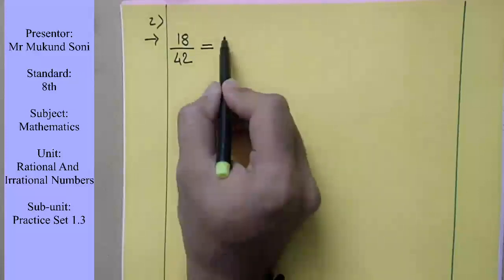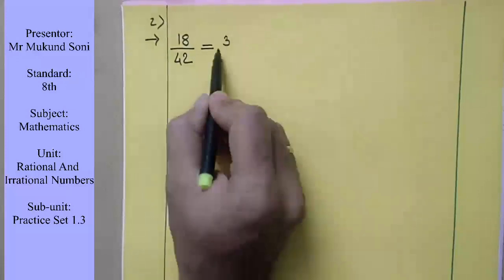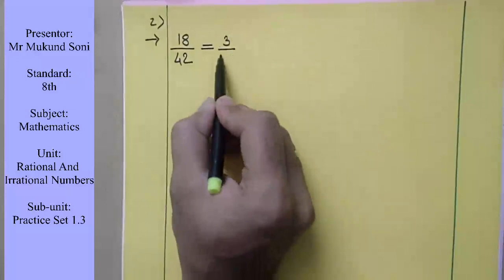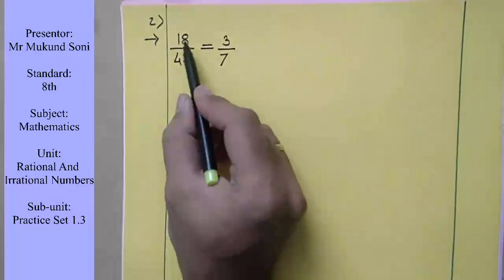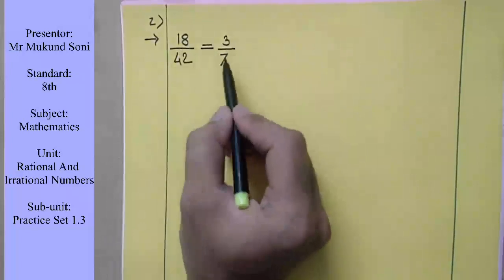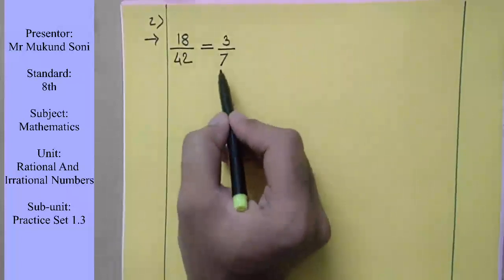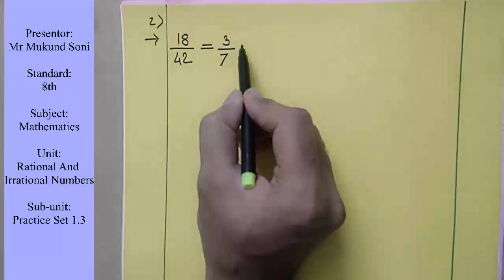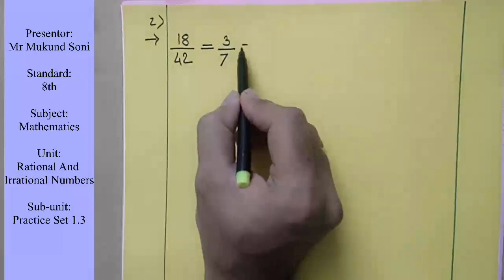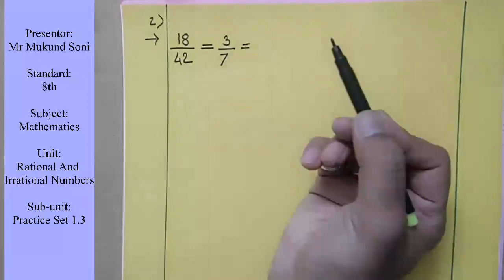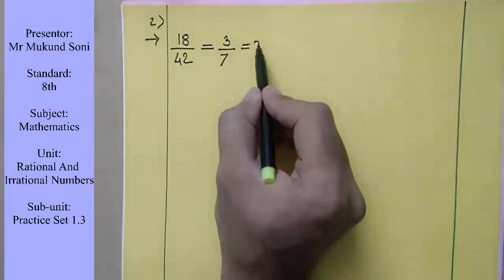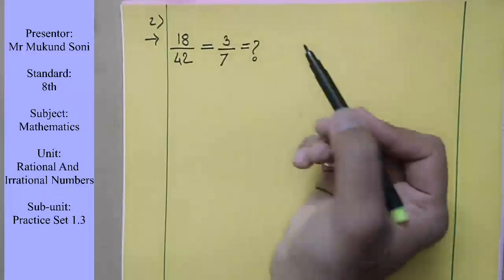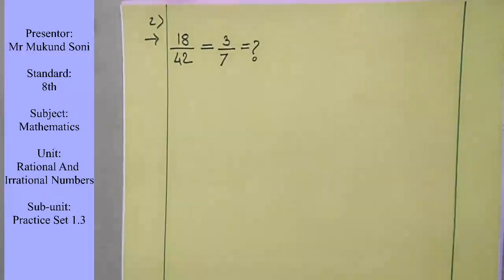This is 6 3s are 18, and that is 6 7s are 42. So you solve for 18 upon 42 or solve for 3 upon 7, both will bring the same answer. This kind of simplification is always a necessary part of your answer. Let's put a question mark because that is what we are going to solve here.